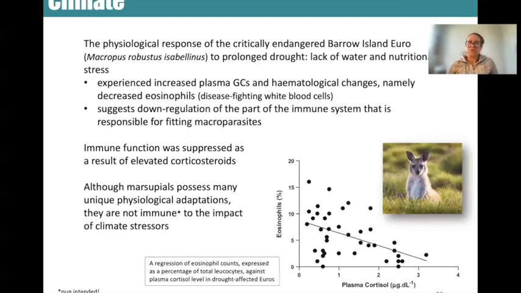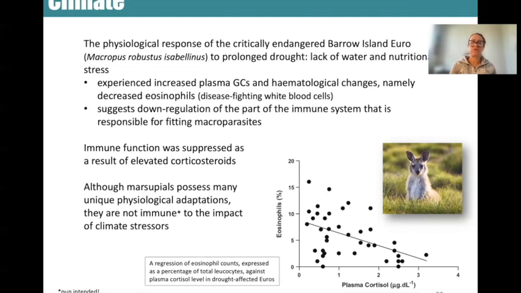So, the physiological response of the critically endangered Barrow Island euro to prolonged drought. This was an 8-month study that looked at how lack of water and nutritional stress influenced plasma glucocorticoid levels. Basically, it was found that as plasma glucocorticoid levels increased, there were hematological changes.